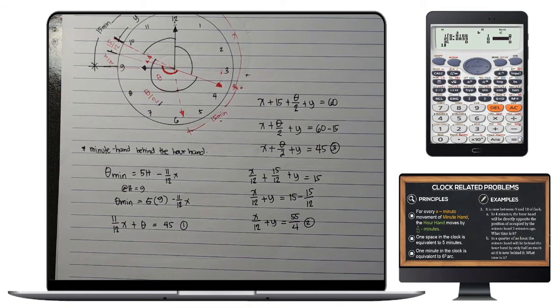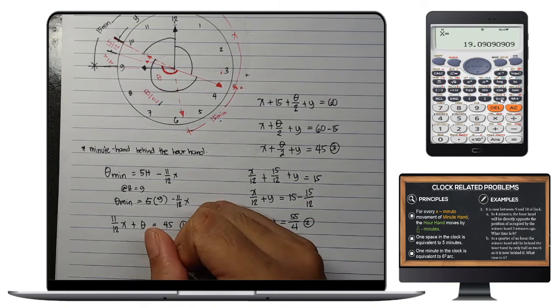Y natin is 1. Then, our constant is 55 over 4. Then, from equation 3, x natin is 1. Theta natin is 1 half. Then, y, then 45. Equals. So, yung first unknown natin is x, which is yun yung pinapahanap sa atin.